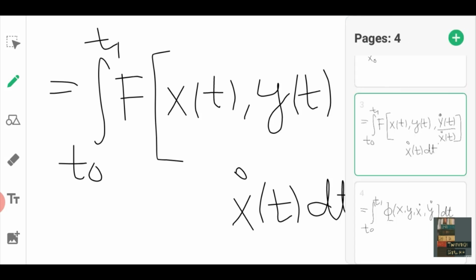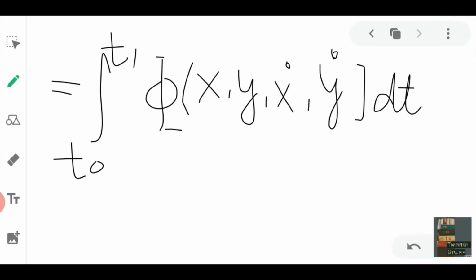From the definition of homogeneity we can say that this is homogeneous in x dot and y dot with degree n equal to 1.